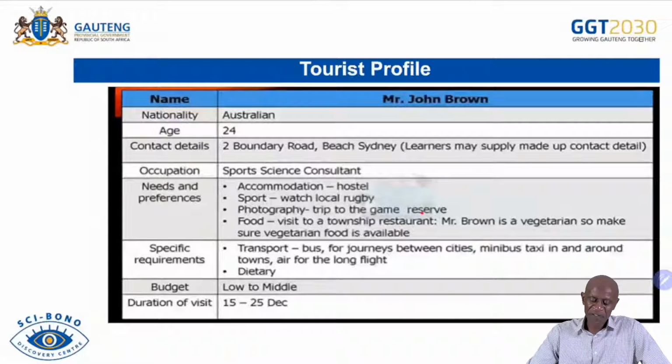The needs and preferences. With needs and preferences, that's where you look at the type of accommodation suitable for Mr. Brown, who is our tourist here, as to whether he's involved in sports.